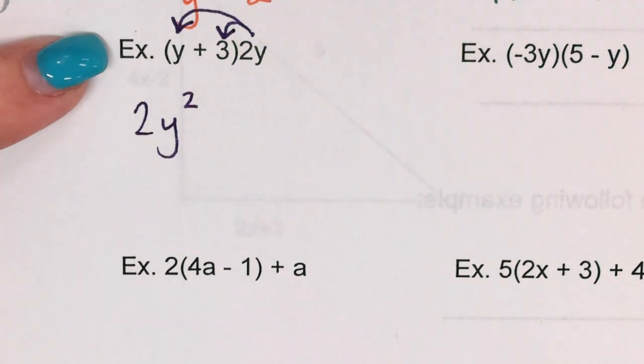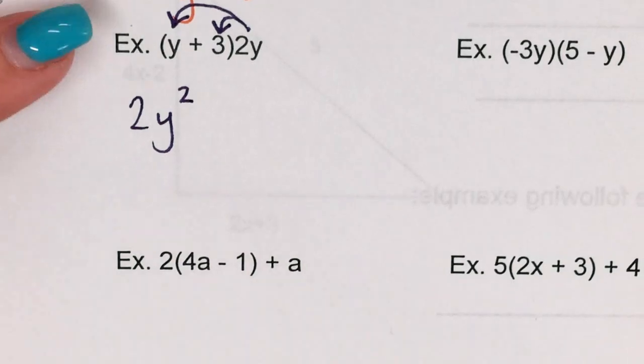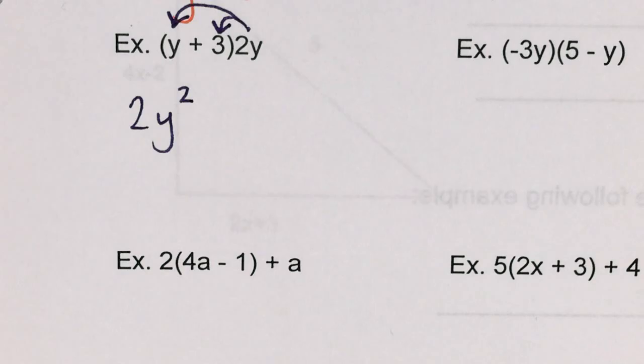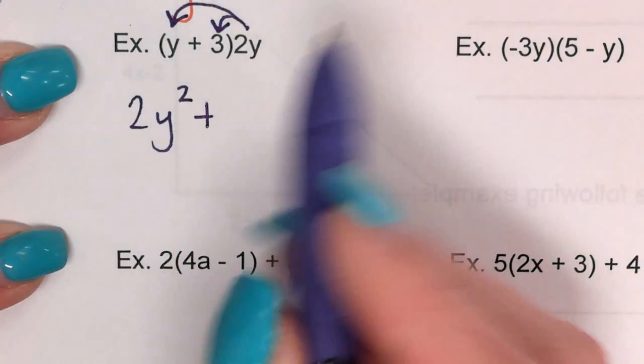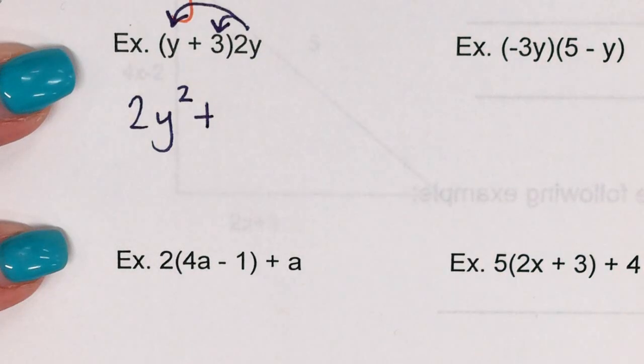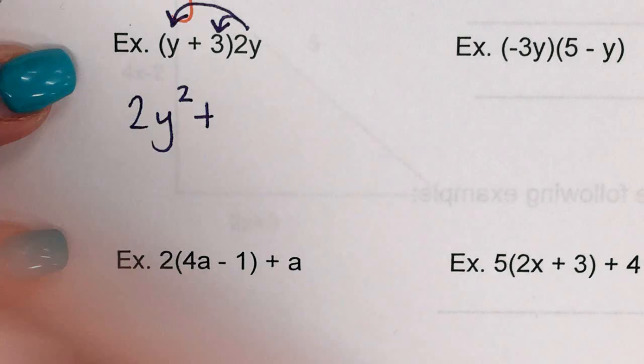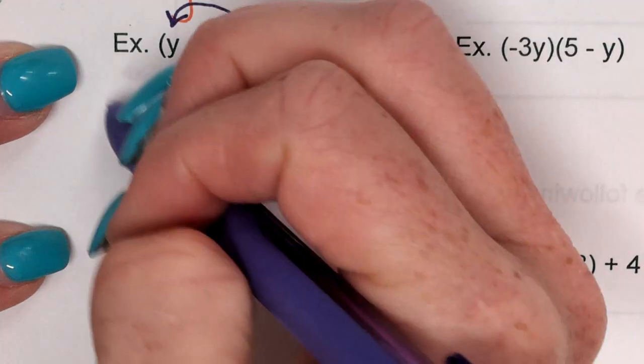And your assignment's not going to be this challenging, I don't think. Let me look at it. There's like one that looks like that. Okay? Plus, what is 2y times 3? 6y. 2 times 3 is 6, and then keep your y. And then you're done.